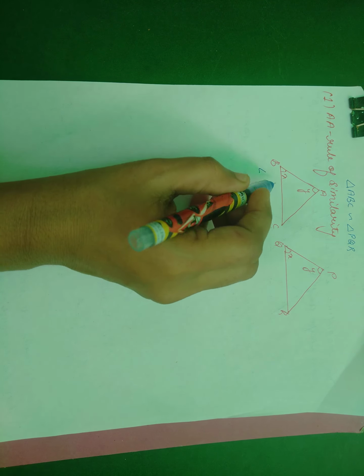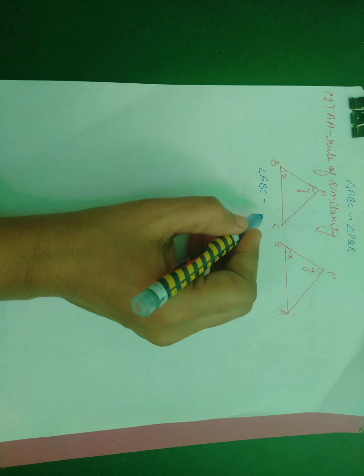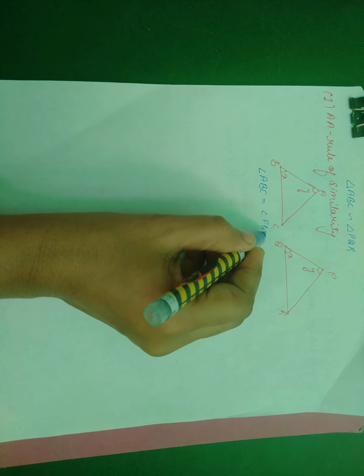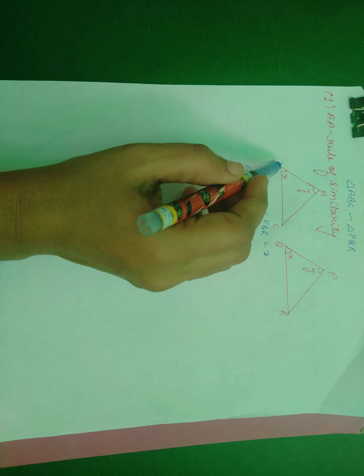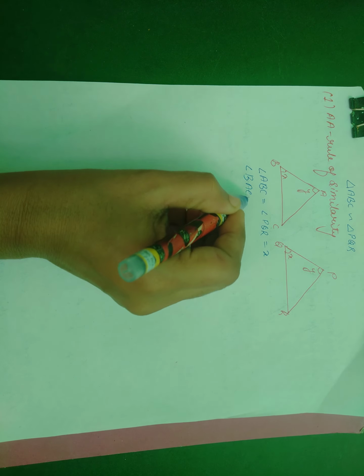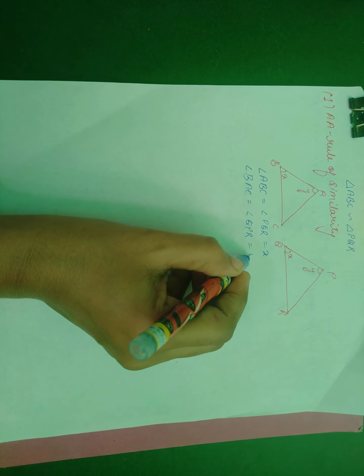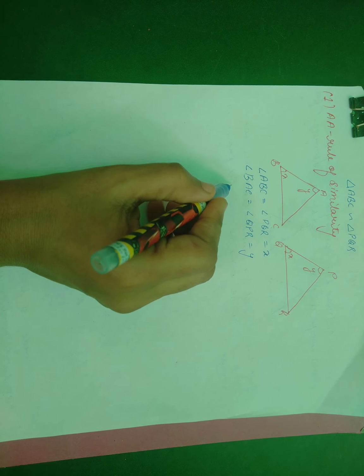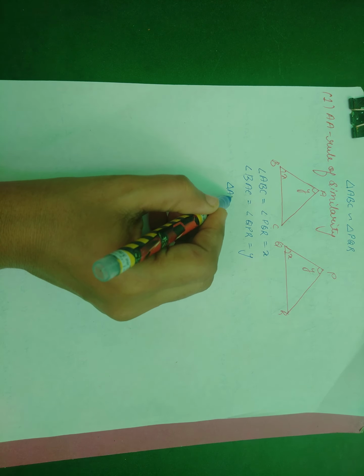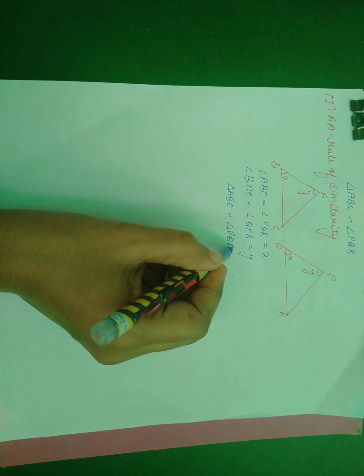So here what we can see is that angle ABC is equal to angle PQR, which is x, right? And again angle BAC is equal to angle QPR, which is angle y. So we can say that triangle ABC is similar to triangle PQR.